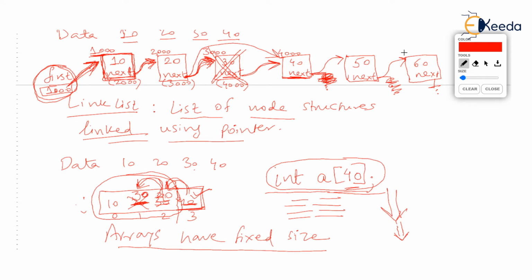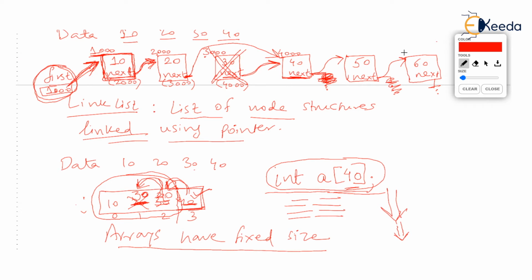Just check this. If 20's next points to 40, then 20's next will not point anymore to 30. Have you agreed? Just check, 20's next is now pointing to 40. We will do this pointer adjustment.